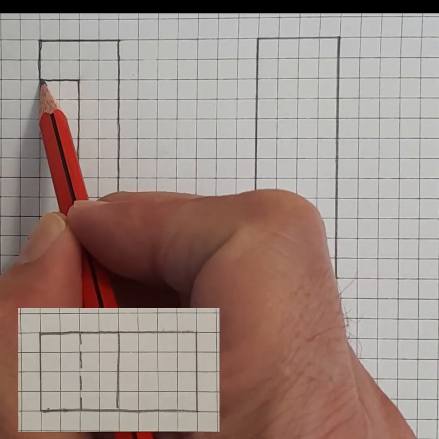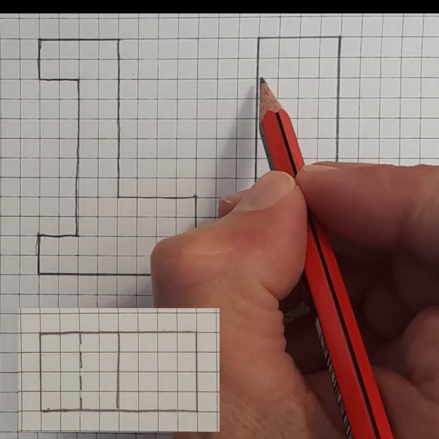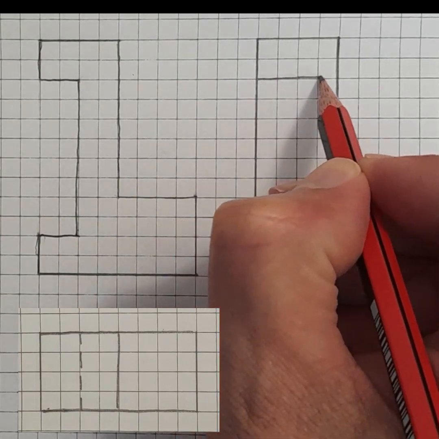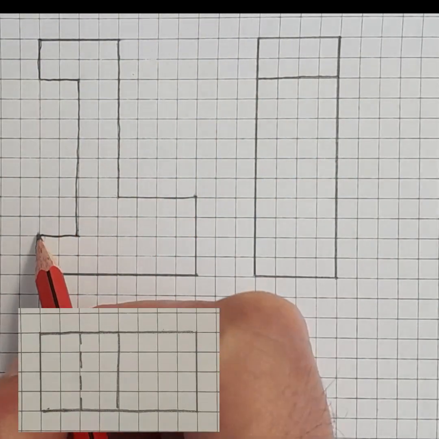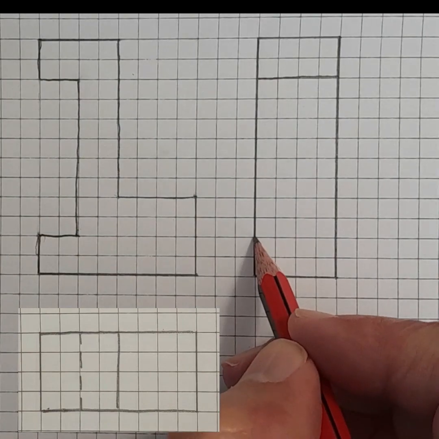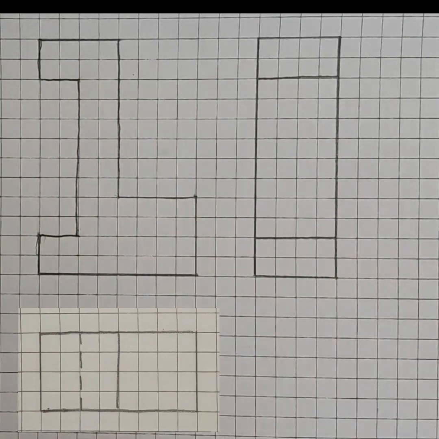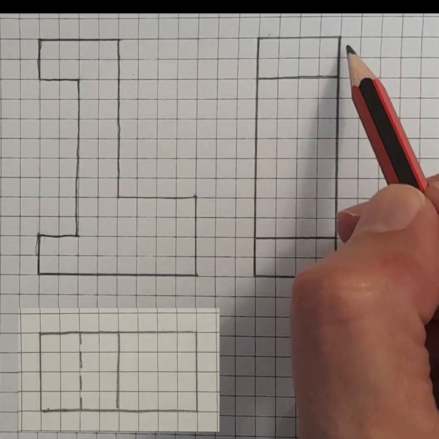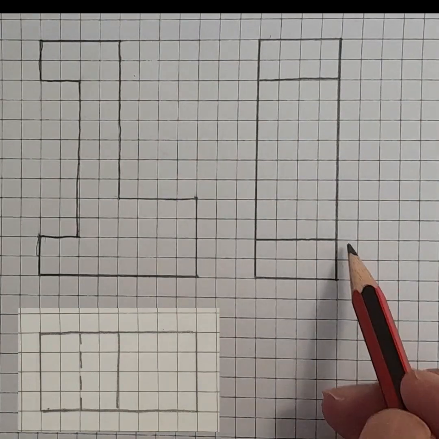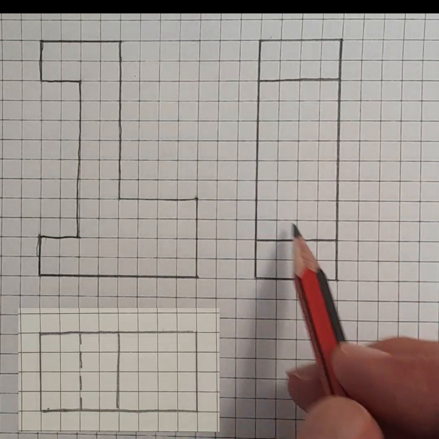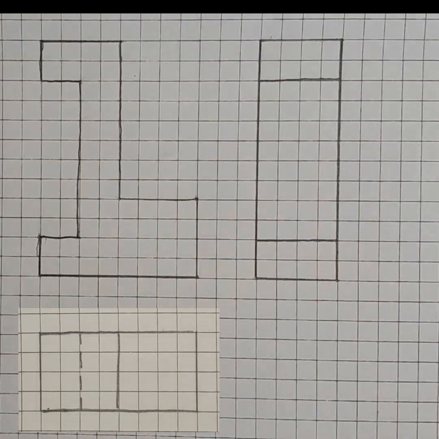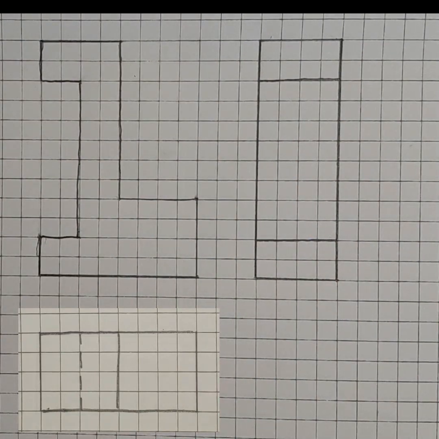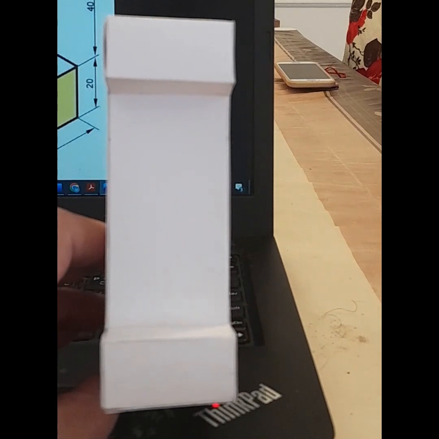So aligned with this point, just draw a horizontal line like this. And aligned with this point, draw another horizontal line like this. So we draw now two rectangles, 20 millimeter by 10 millimeter, 20 millimeter by 10 millimeter, and the resultant rectangle completing the view. Check the model.